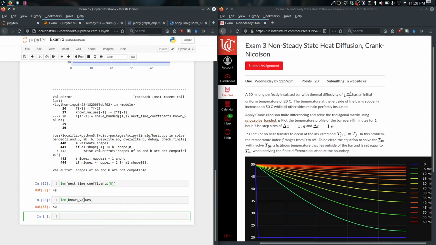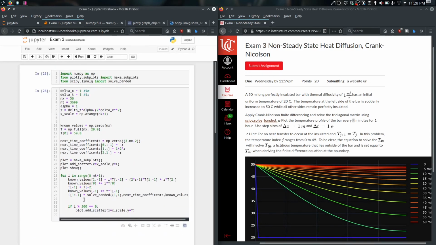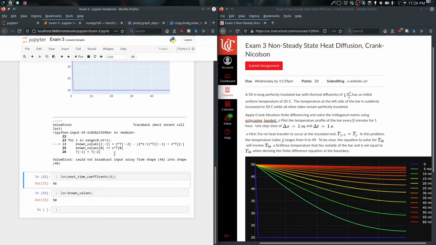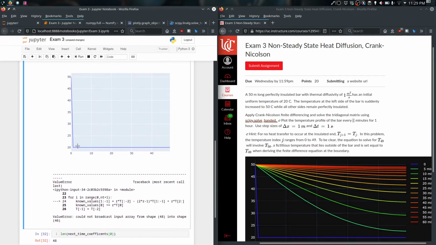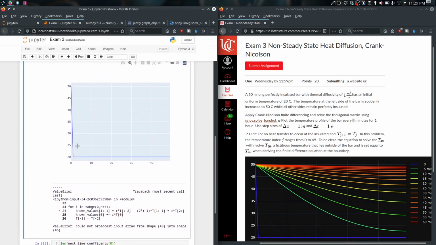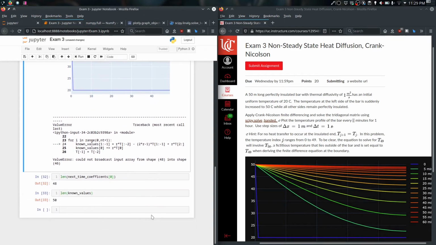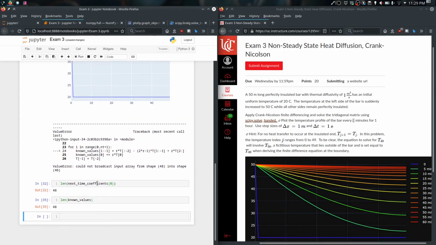Yeah, that'll come with a problem, wouldn't it? Because they're not the same dimensions. So if it's nx minus 2, of course that will give us an error right here. Cannot broadcast input array from shape 48 into shape 46. So take a look. Times t minus 2. 46. Hold on. 48. 48. Length of t.